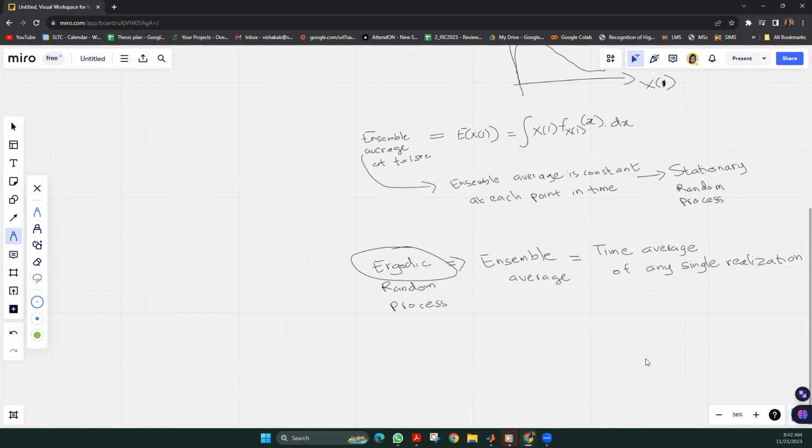In that case, we are relating the average over time with the average over the different outcomes of the random experiment. We are relating the time axis and the outcomes, and the averages of the times and the averages of the outcomes.